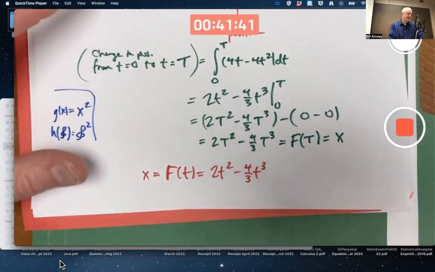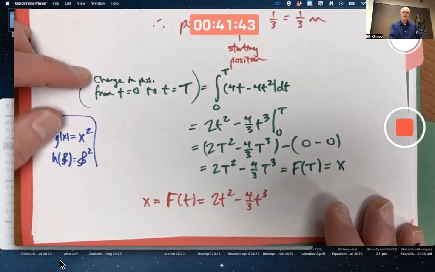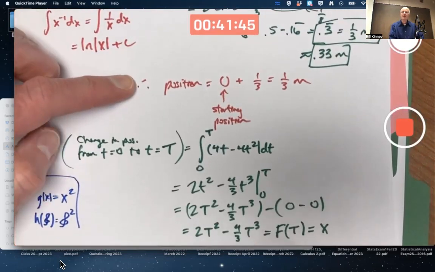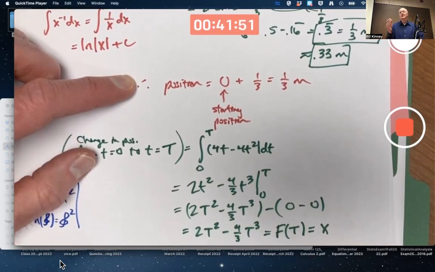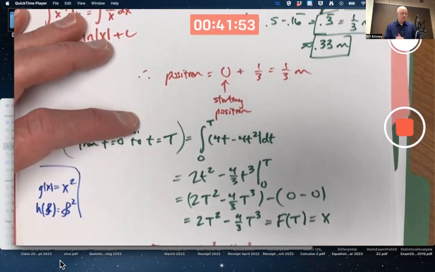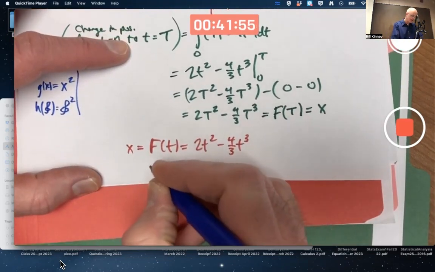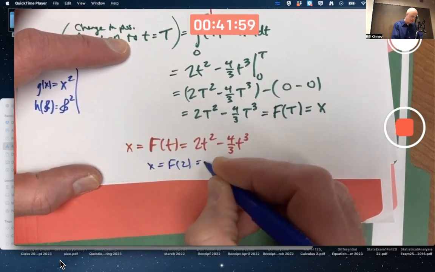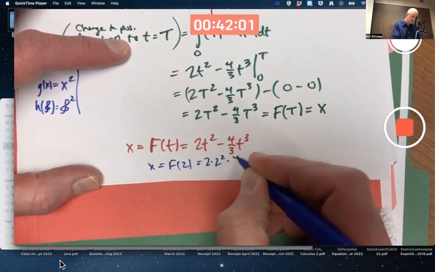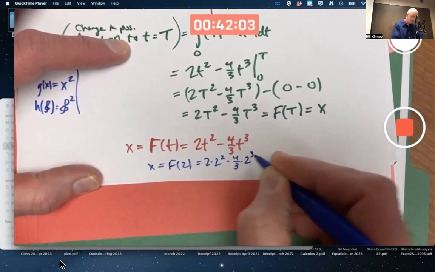And now this function can help us find change in position and ultimately position at other times, including, for example, time 1, 1.5, 2. For the sake of speed, let's just do it at one more time. The position at time 2 would be 2 times 2 squared minus 4/3 times 2 cubed.